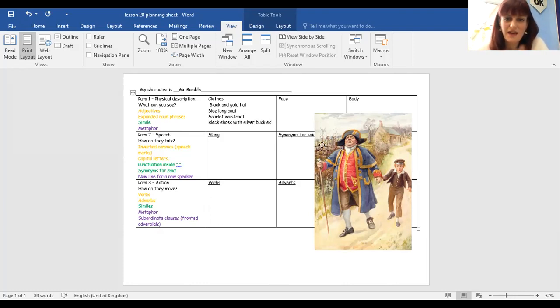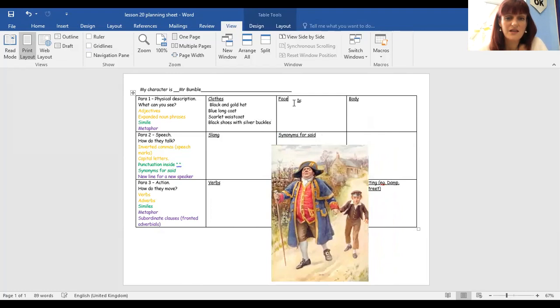Right, his face. So his face is puffy. It is also quite chubby, isn't he? Puffy and chubby. Okay, he has a nose in the air.